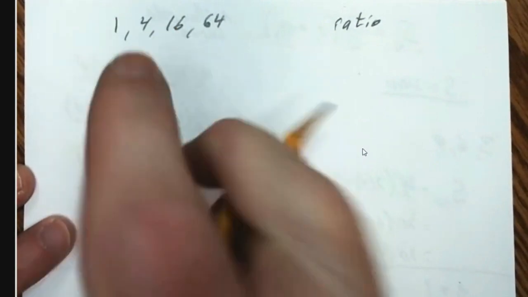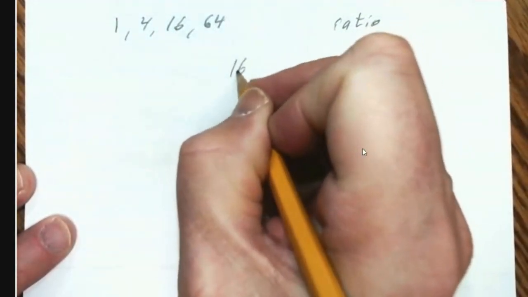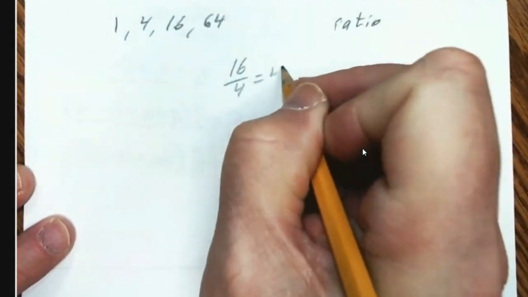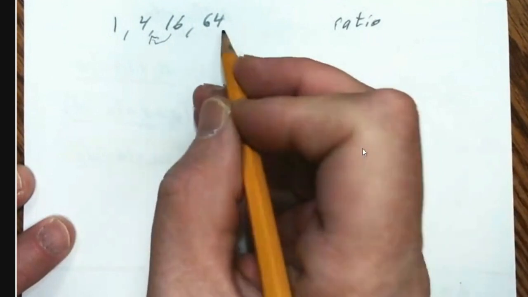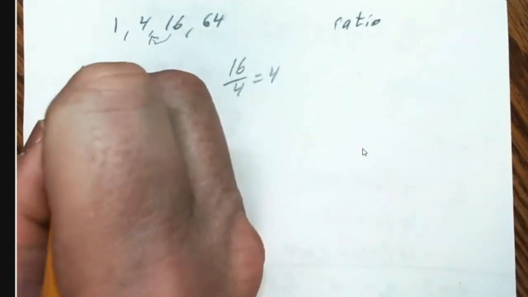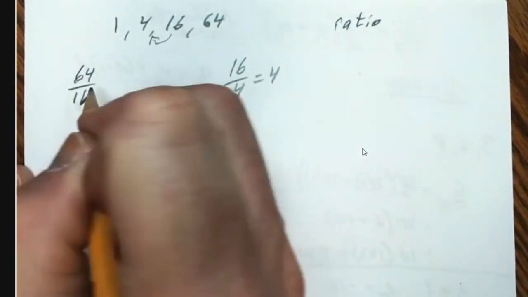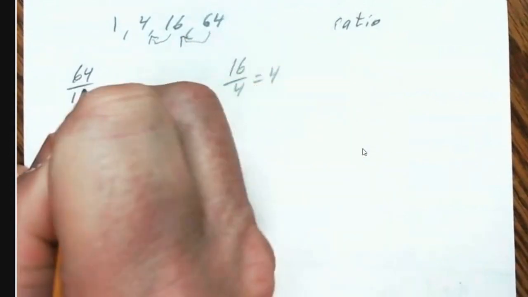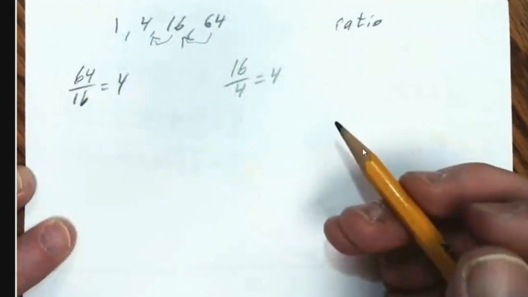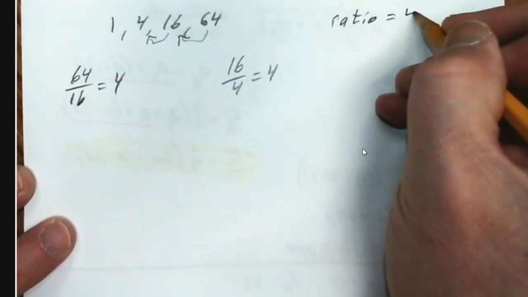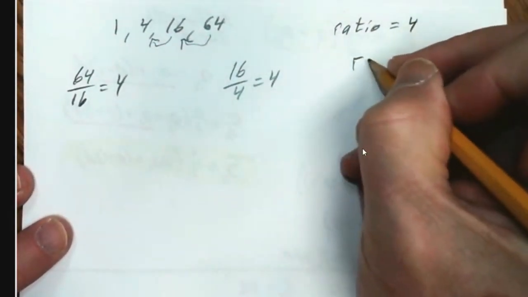Like if we take the 16 and divide it by 4, it's 4. If we take 64 and divide it by the 16, because that's the one in front of it, 64 divided by 16, that's also 4. 4 divided by 1, that's also 4. So our ratio is 4. And we just put R. R equals 4.